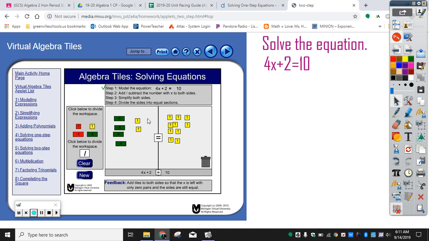In class I like to say we neutralize them. And so if I would like to eliminate these 2 positive 1's, I would throw in 2 negative 1's on that side of my balance scale.